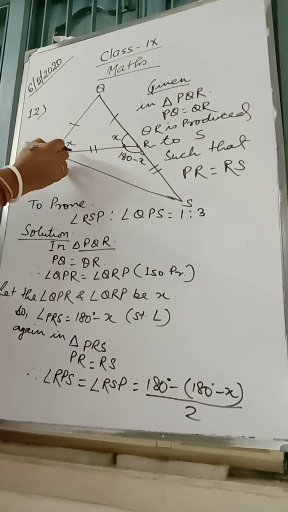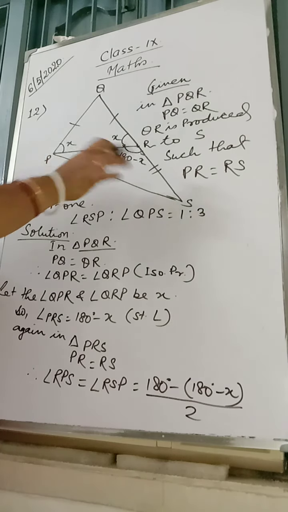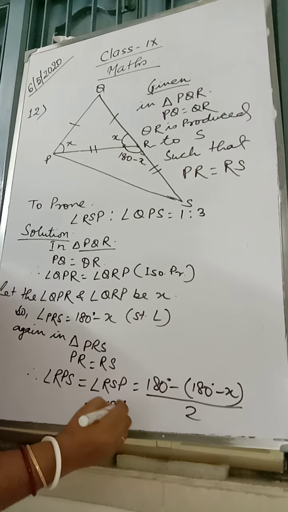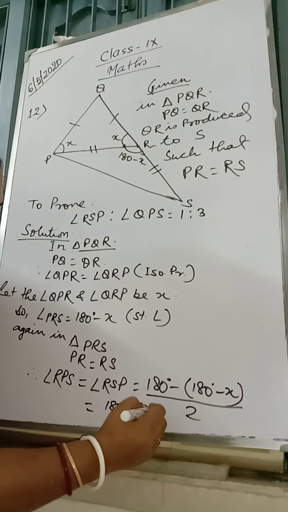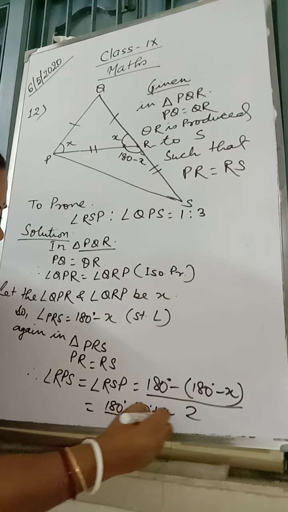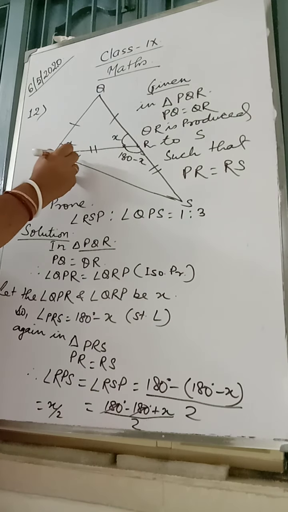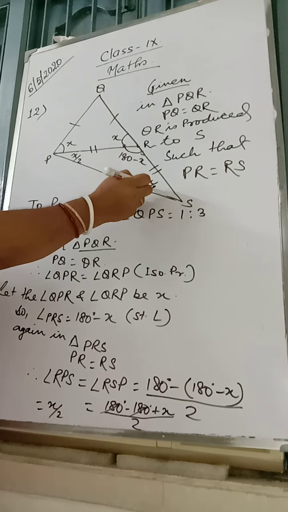These two angles will be 180 minus this angle, by 2. Or we get 180 degrees minus 180 degrees plus x, by 2. Or this gives you x by 2. This we have got x by 2. This we have got x by 2.